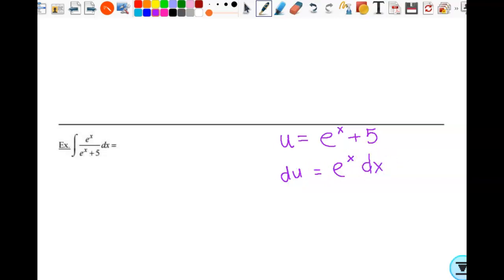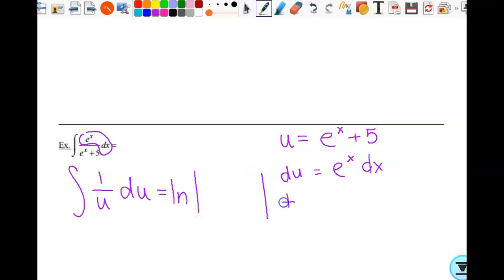Well, that's convenient. I've got e to the x dx. So integral 1 over u du. So the antiderivative is natural log, absolute value of u, plus c. What's u? e to the x plus 5.